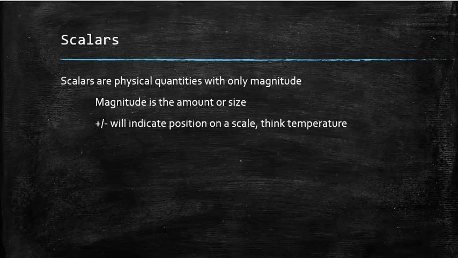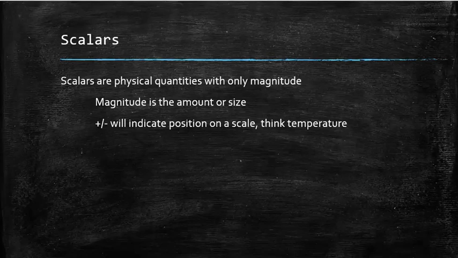So scalars are physical quantities that only have a magnitude. The direction of it doesn't matter. It's just how big it is, what size it is, but not what direction it's heading. A plus or minus indicator on a number would only tell you where it fits on a number line or a scale.